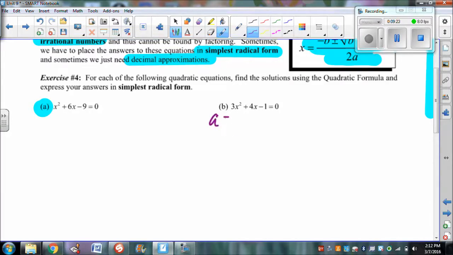So if I list out, and you will always do this, you're always going to list out your a, your b, and your c. List them out, then go to your formula to substitute, okay?